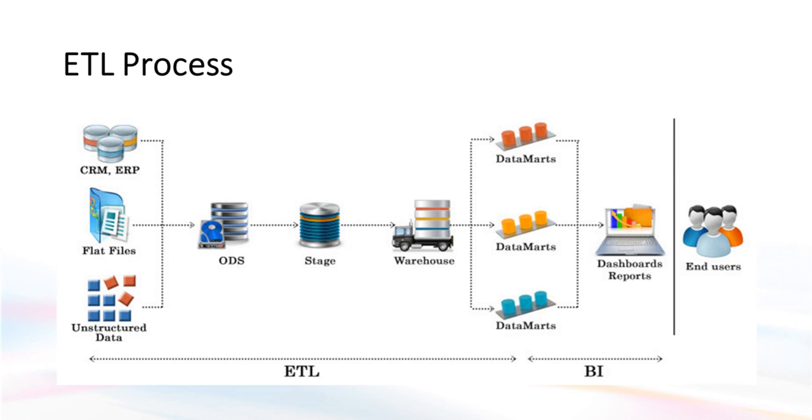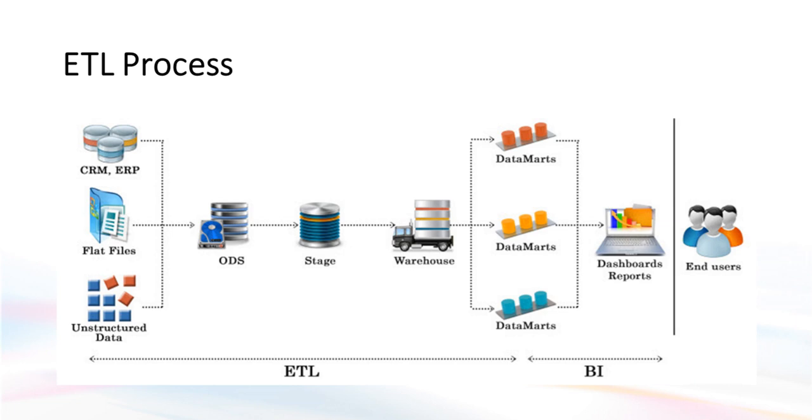Stage also has a database. Between staging and the warehouse, we will apply the ETL process. But in ODS to staging, we don't apply any transformation rules. ODS is a temporary place or buffer area where we put all the data in one place, that is the operational data source.